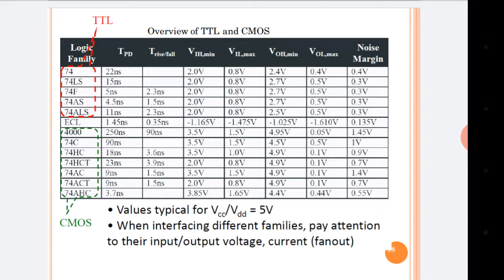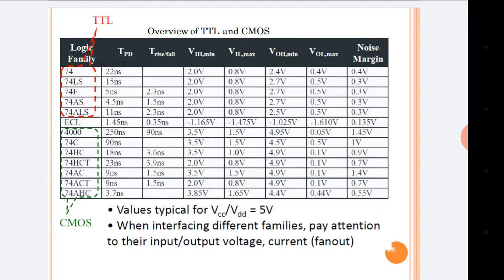Now we have to talk about the overview of the values of parameters of these logic families. So we know, as shown in the dotted red color line, TTL logic family is 74 series, then 74LS is low power Schottky series, 74F, 74S, advanced Schottky, advanced low power Schottky.